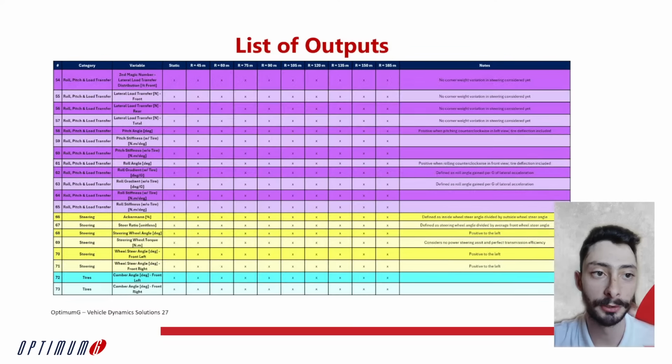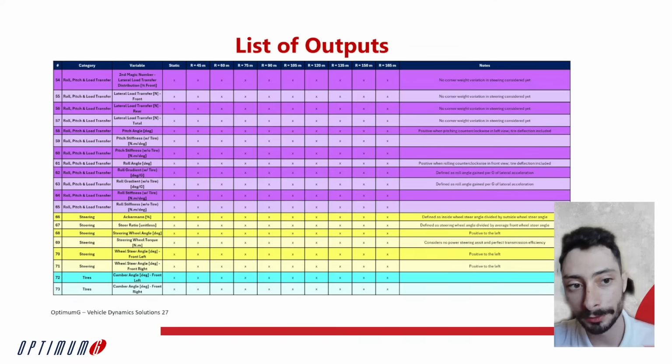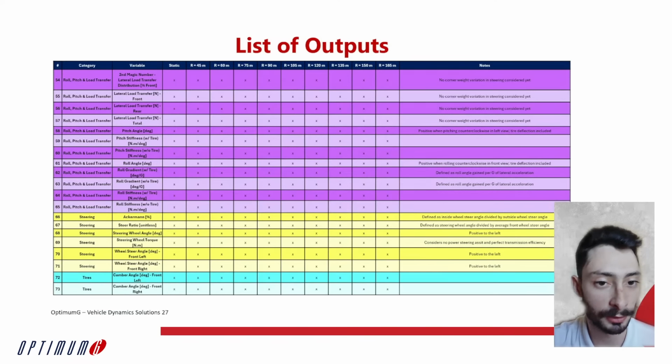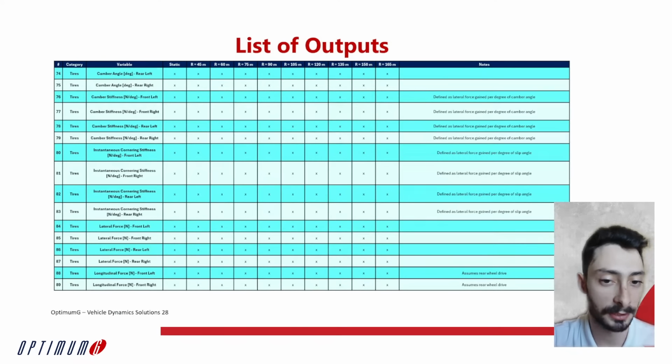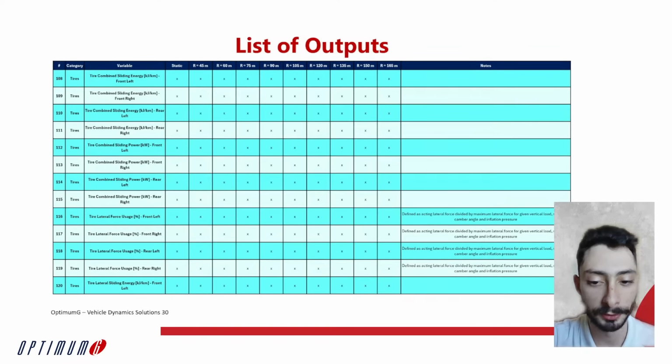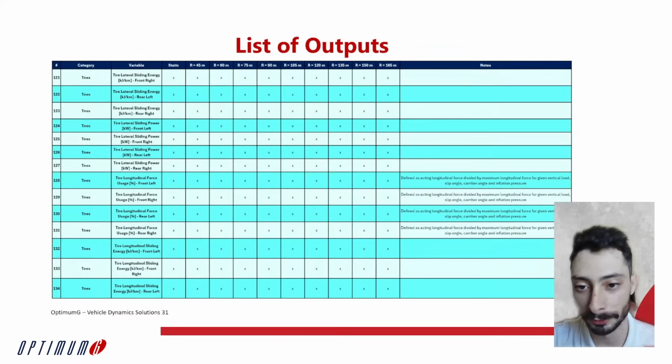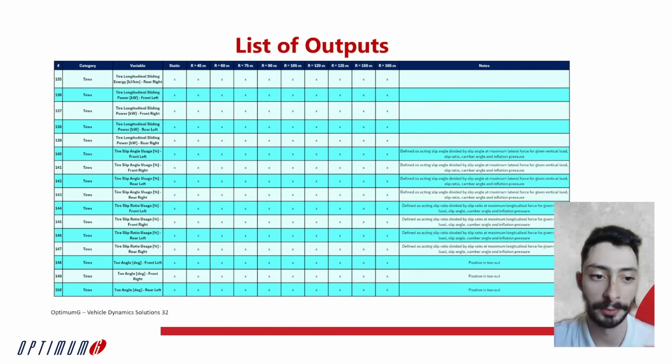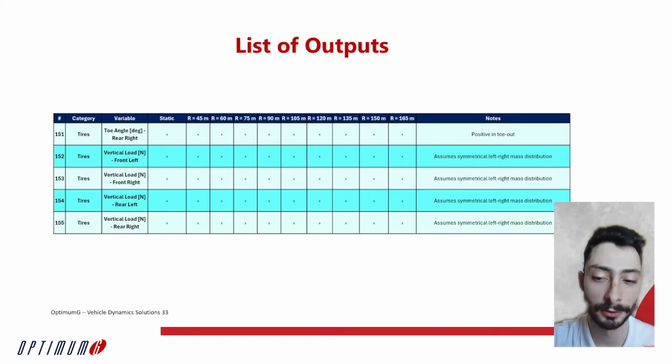Some results related to roll and lateral load transfers. What is the roll stiffness of our car at each of the different corners? What is the roll gradient, the roll angle? Some steering results like the Ackermann percentage and the steer ratio, and also the tire results, which, as you would expect, have the largest amount of outputs, including camber angles, slip angles, toe angles, vertical loads, lateral forces, longitudinal forces, self-aligning moments, sliding energies, percentages of usage, and so on.